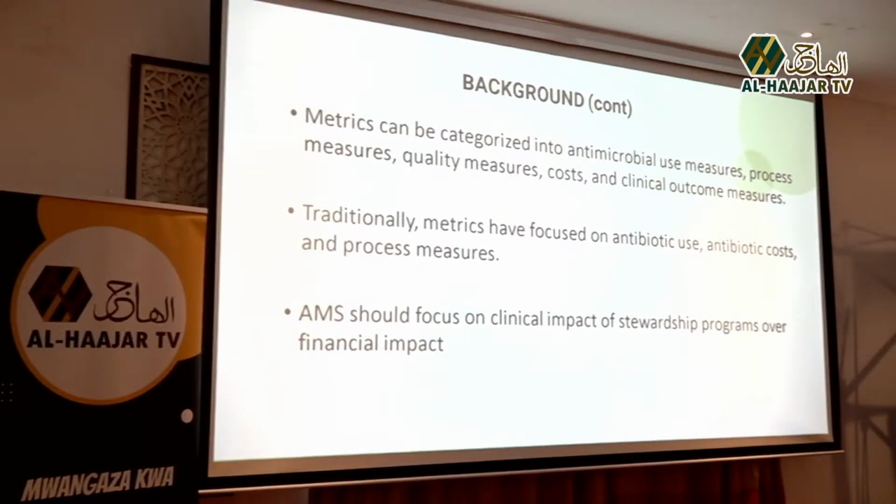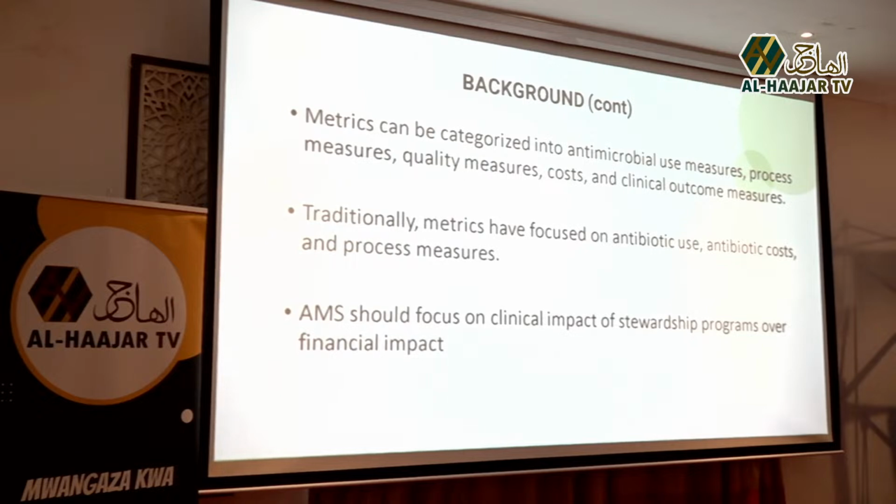So metrics can be categorized basically into mainly three major groups. One is to measure the process, another is to measure quality, and another is clinical outcome. But it's not limited towards these three. And you'll find most hospitals, basically they focus on antimicrobial use because that is the most available data you can find in a hospital, and it's easy to get compared to the rest of the other data.